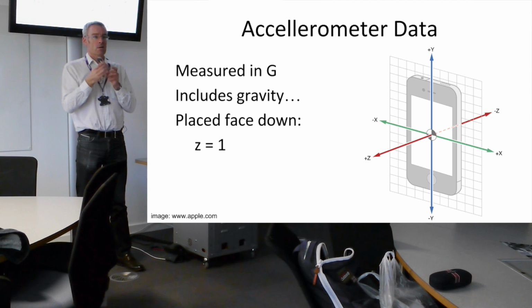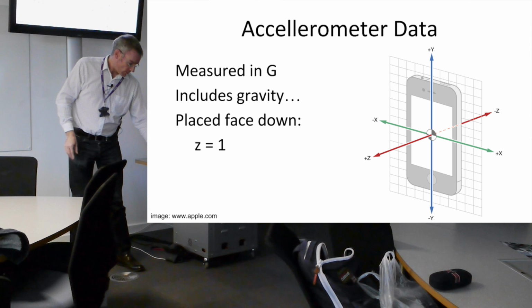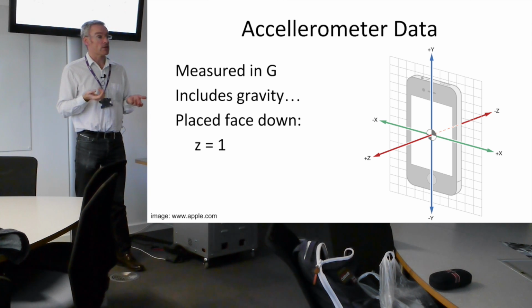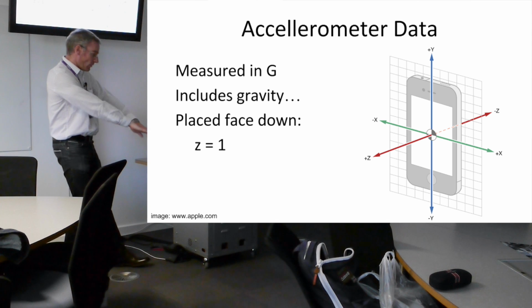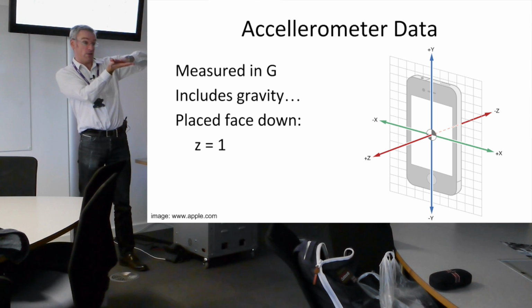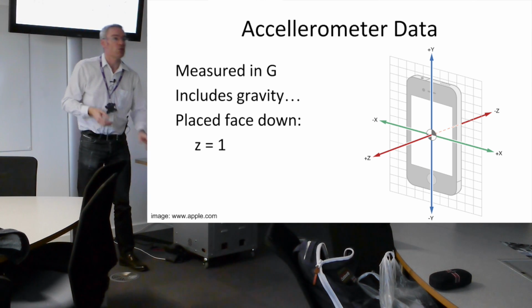Now, all acceleration is measured in g's. The trouble is, if I place my phone stationary, it's still got acceleration. What's it picking up? Gravity. In theory, if that surface is perfectly level and perpendicular to the gravitational pull, it will register minus 1g.